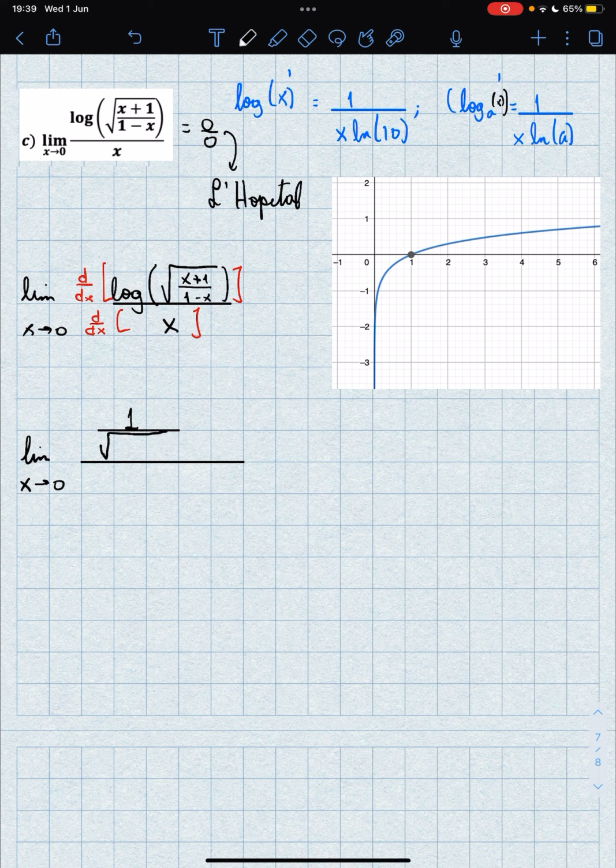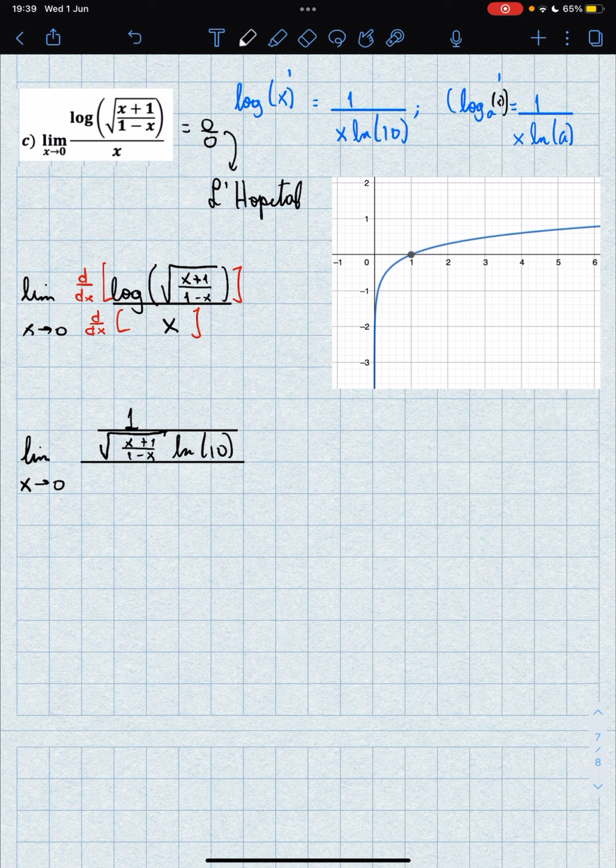I hope you can see it: x plus 1 divided by 1 minus x. Perfect, guys. So natural logarithm of 10.